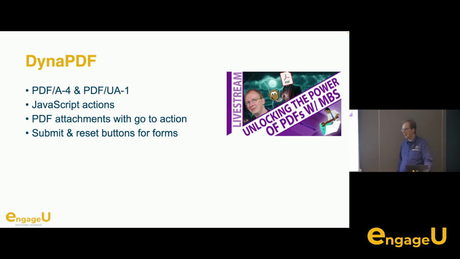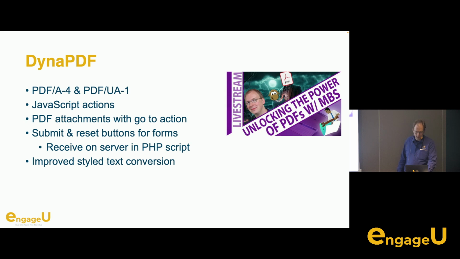So you can have a PDF with form fields and a button so the user can fill the PDF, click a button, and Acrobat Reader will upload the PDF file to your URL. We have a sample PHP script to receive the file, and then you can store it in the database. And we have styled text conversion. So you can have styled text in your FileMaker fields and put this text into a PDF file.